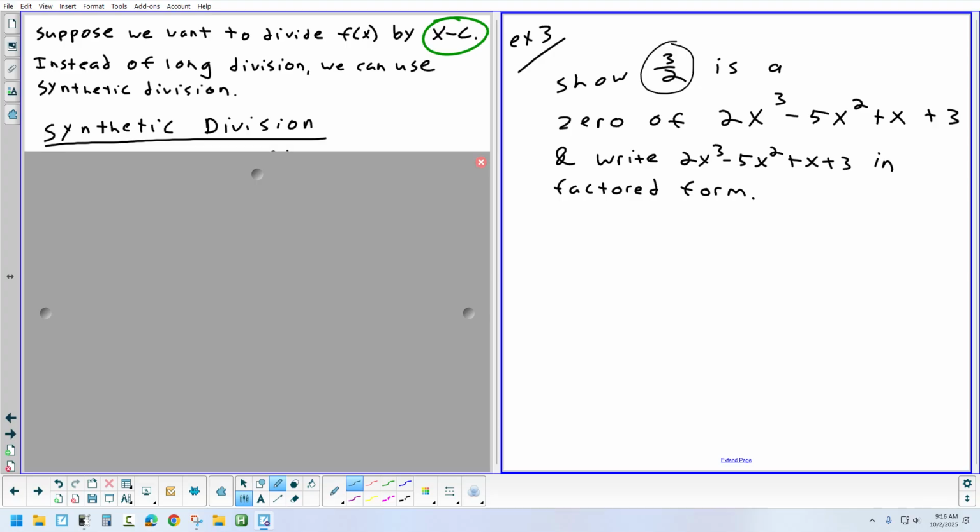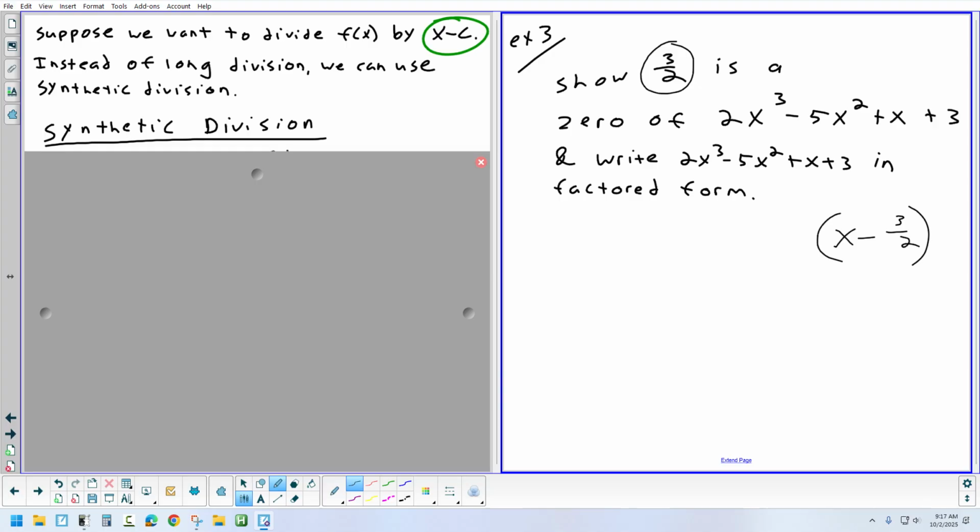If 3 halves is a root, what do we know would have to be a factor from what we learned yesterday? Yep. X minus 3 halves. Right. If 3 halves is a root, then that would mean x minus 3 halves has to be a factor.